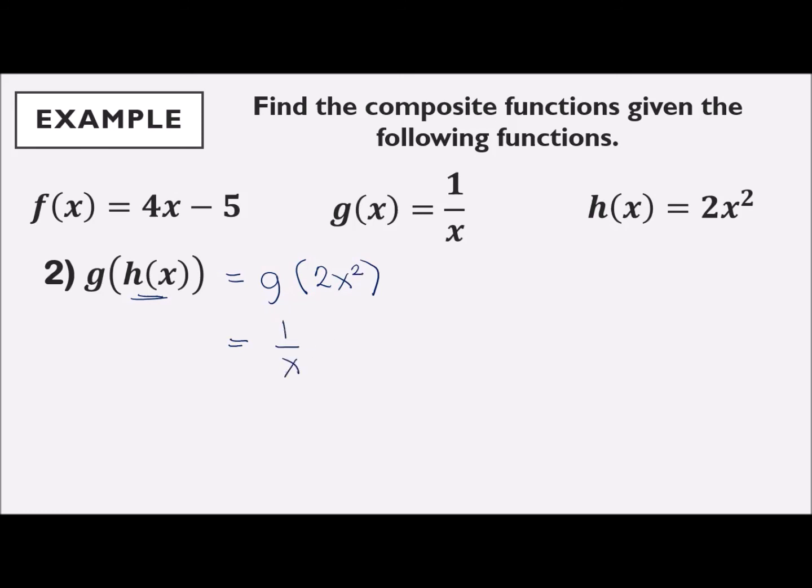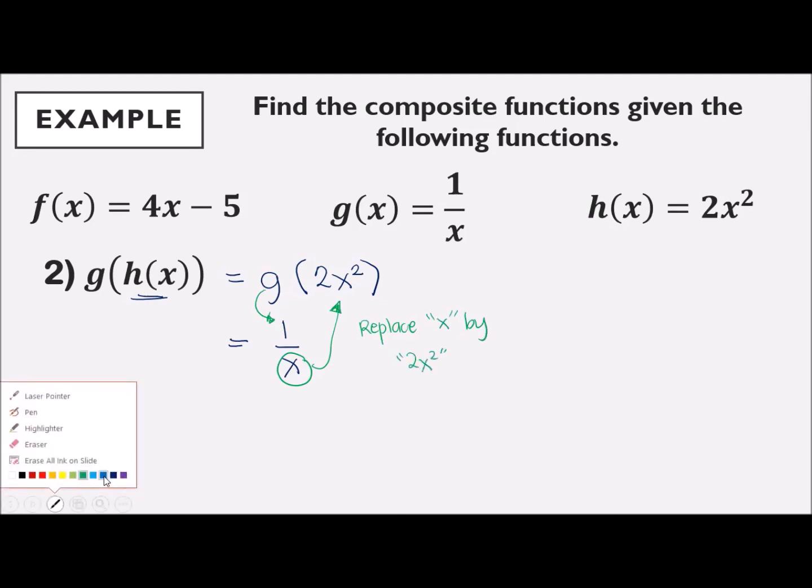Okay? So, palit ulit ako ng color so that you'll be guided. So, this one is our g of x. Then, lahat ng x, papalitan natin ng 2x squared. So, replace x by 2x squared. I hope you're trying it as well.